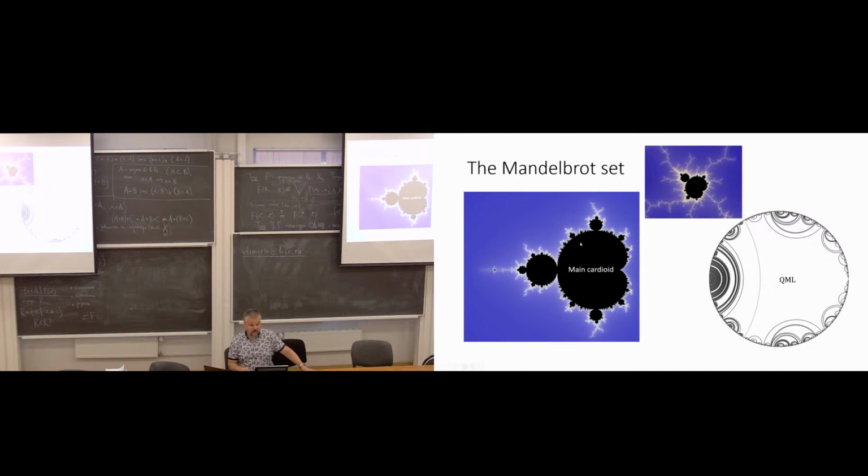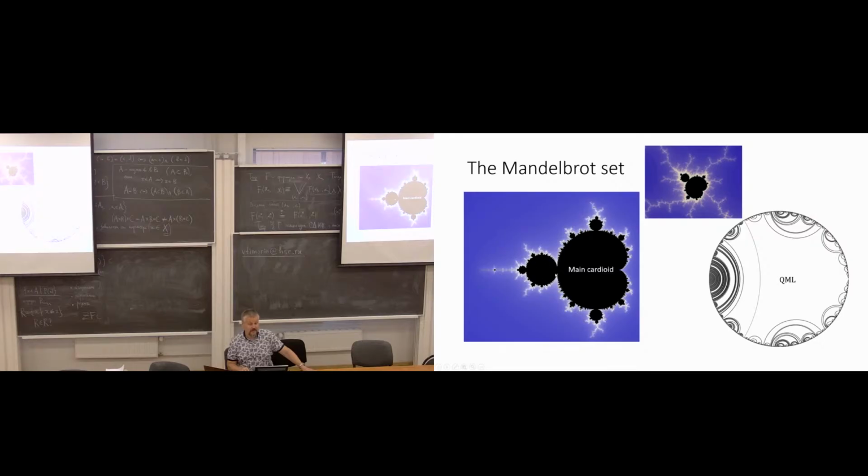Now, if you go from the center of the main cardioid towards the point where the next component is attached, this point will be -3/4, and this is exactly where the bifurcation happens. It happens as you pass from the inside of the main cardioid to the inside of the circle here.